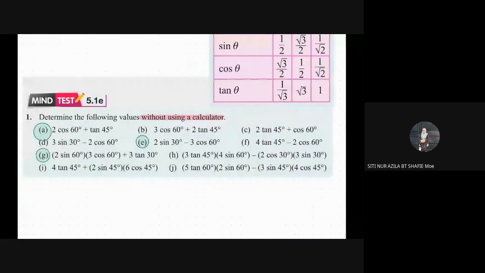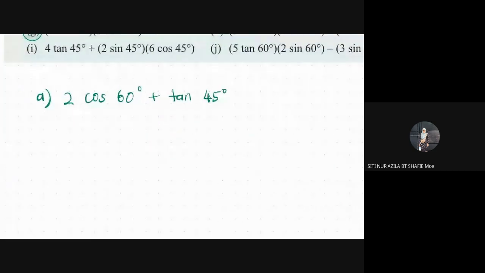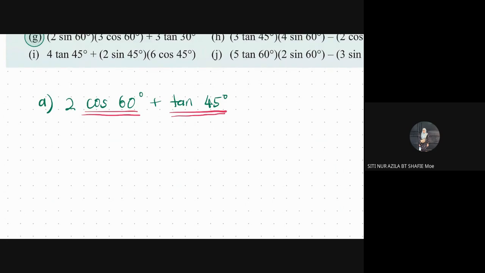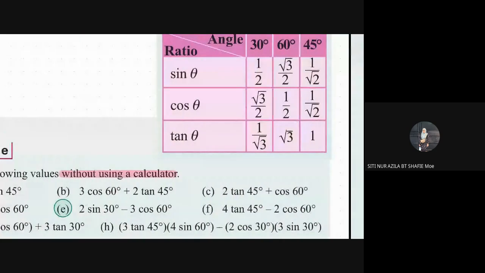So now, let's answer question A. We have 2 cos 60 plus tan 45 degrees. To solve this one, you are going to substitute the value of cos 60 degrees and then tan 45 degrees. How do you get the value from this table?